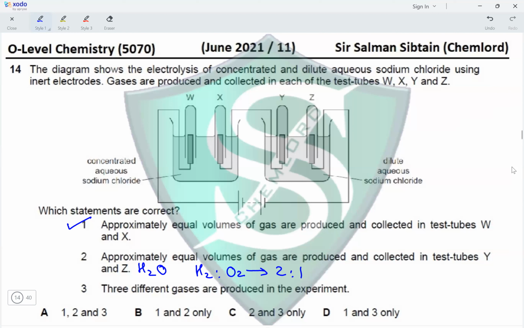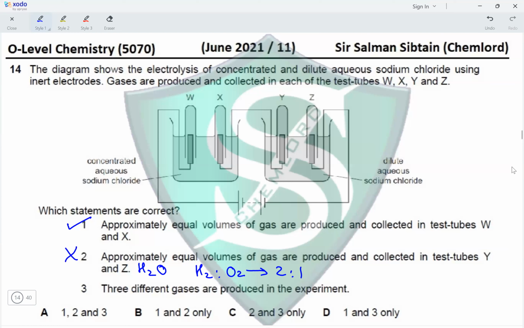So the quantity of hydrogen gas collected would be twice the quantity of oxygen gas collected. So the quantity in Y would be half of the quantity in Z, because in Y we have oxygen and in Z we have hydrogen. So hydrogen would be double the volume of oxygen. So statement 2 is incorrect.